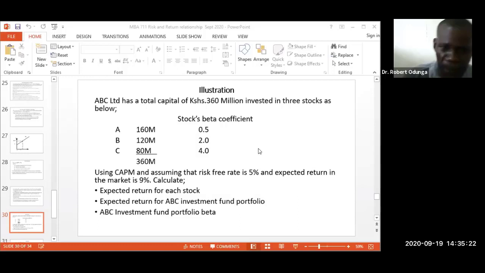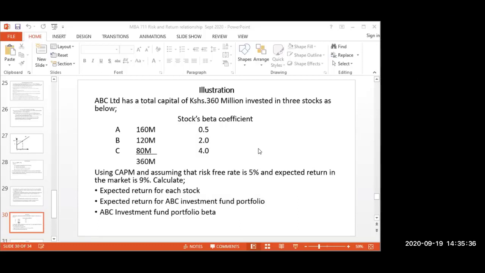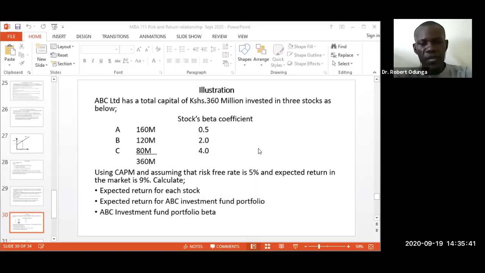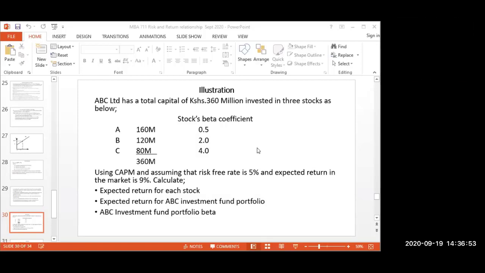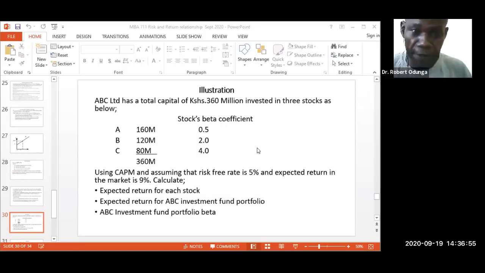And you realize here we don't have probabilities, and assuming that the risk-free rate is 5% and expected return in the market is 9%, you are asked to calculate the following. So we have the RF, we've been told is 5%. The RM is 9%.